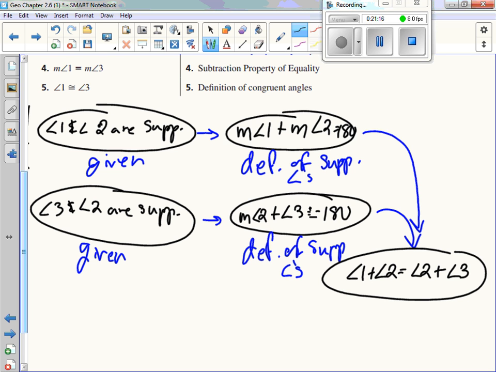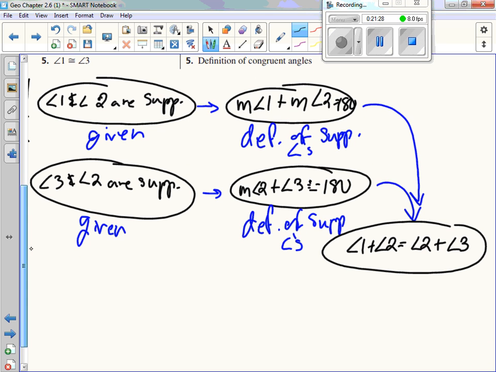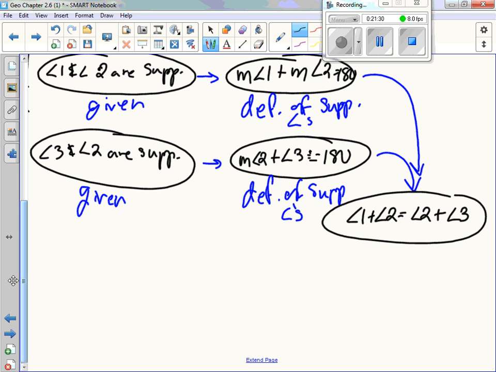If we were doing this specifically in a proof, you would need to put measure. This is our transitive property of equality. So we can show that these two things come together to give us the next one, yes?